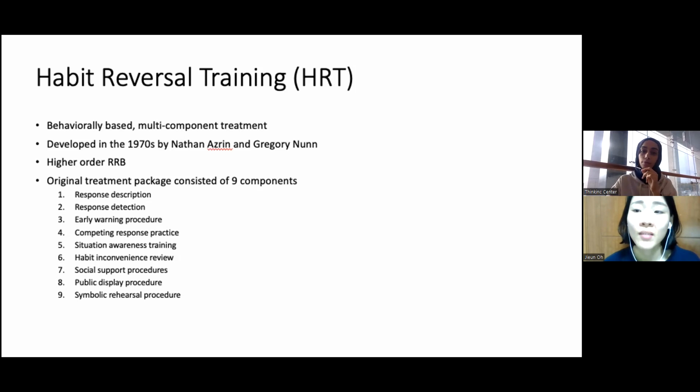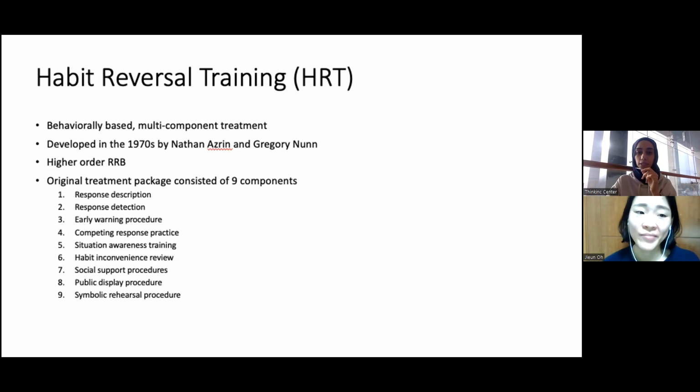So instead of saying that phrase or doing that behavior, they will practice an alternative competing response, so incompatible response instead. And this incompatible response has to be something socially acceptable and more convenient.